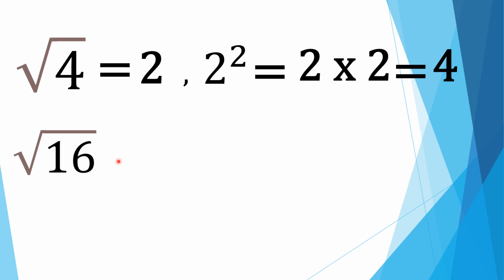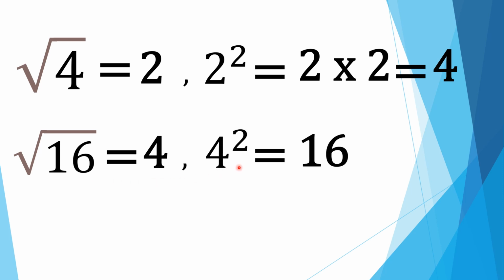Next, square root of 16. What number multiplied by itself 2 times will give us 16? The answer is 4, since 4 squared is equal to 16. Thus, square root of 16 is equal to 4.